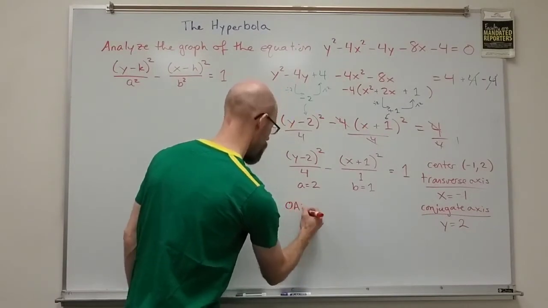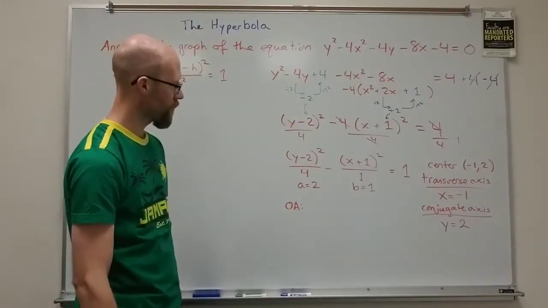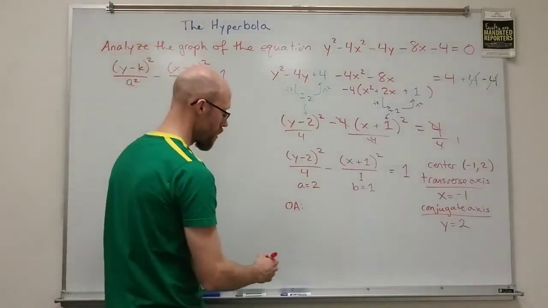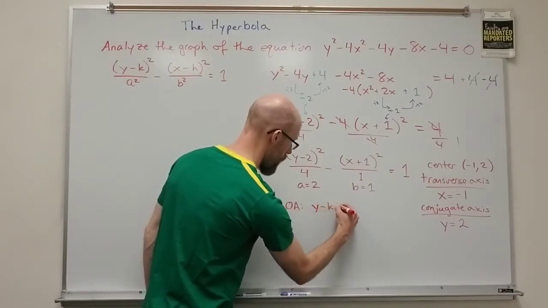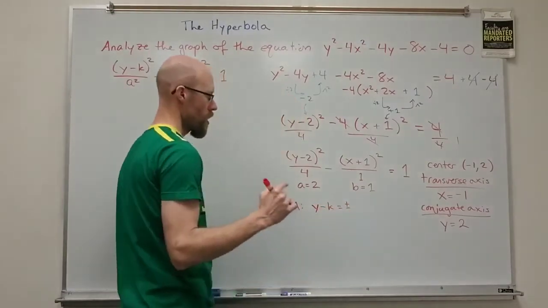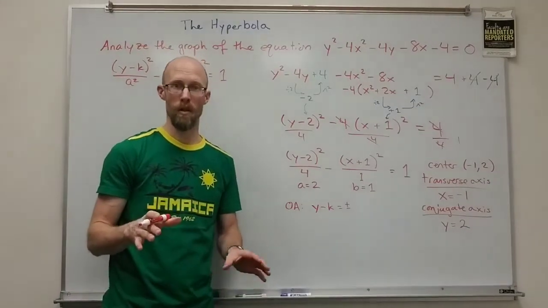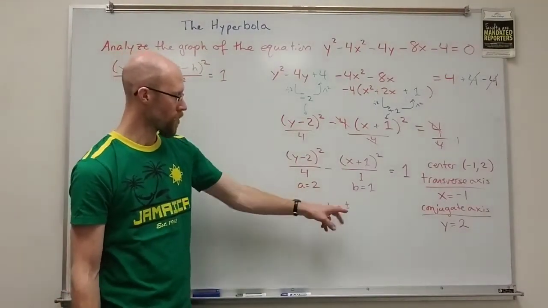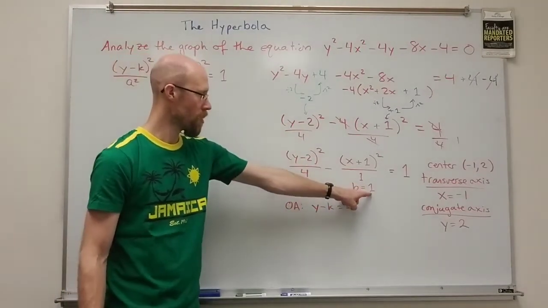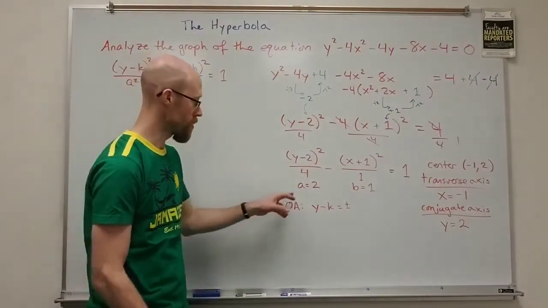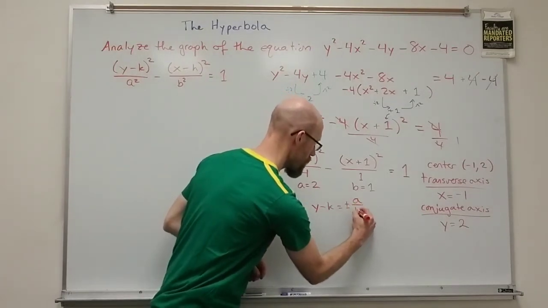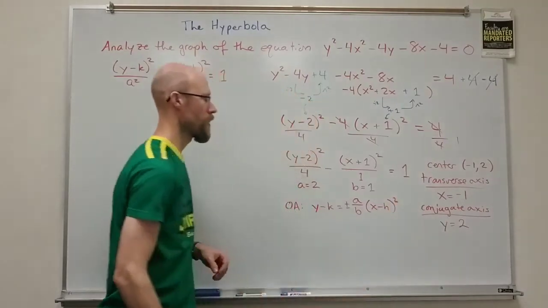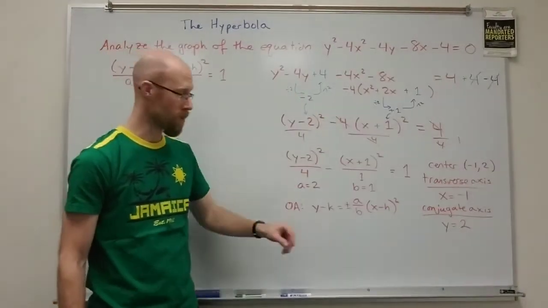For the oblique asymptotes, I know that the formula is going to be shifted according to the center. It's going to be y minus k equals plus or minus. Now remember, I'm doing this without looking at formulas because I just understand the relationships here. It's going to be the y over the x constants here. So it's going to be a over b times x minus h squared. Okay? Hopefully that makes sense to you.